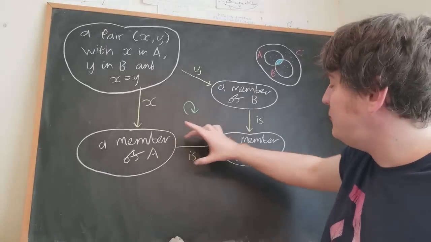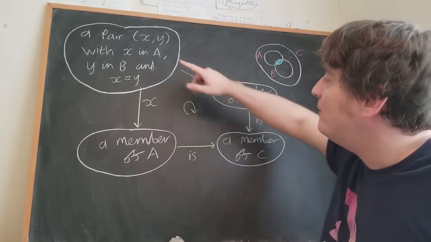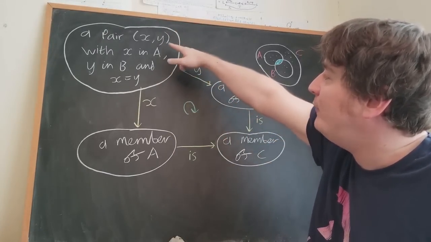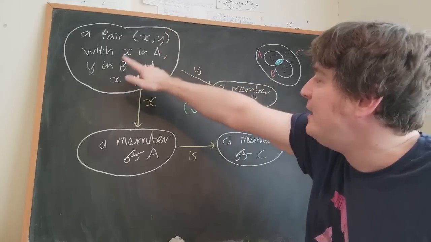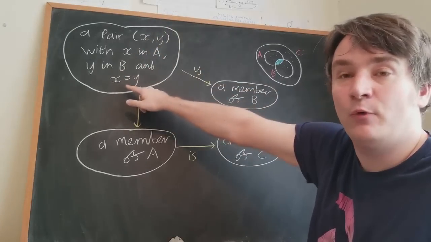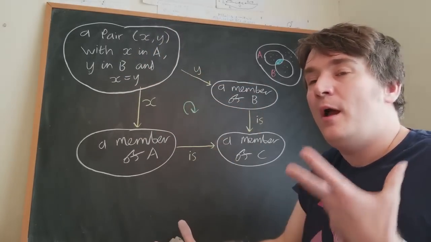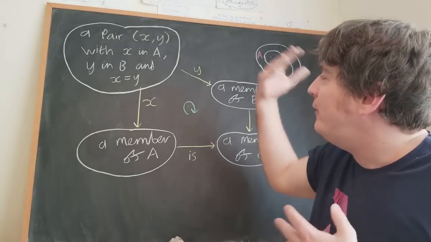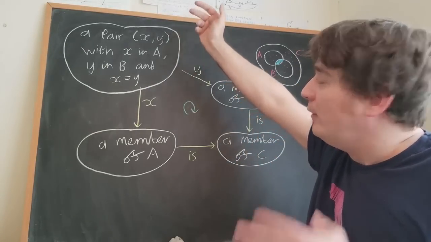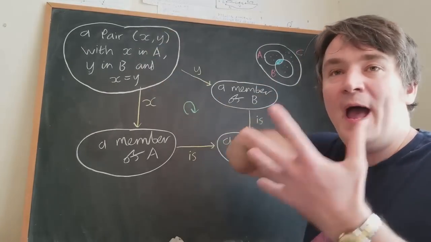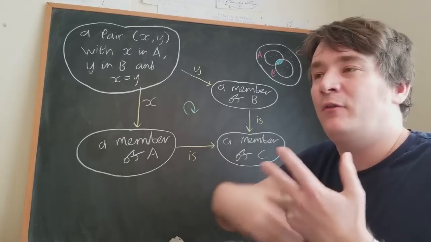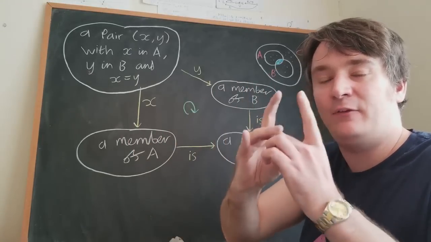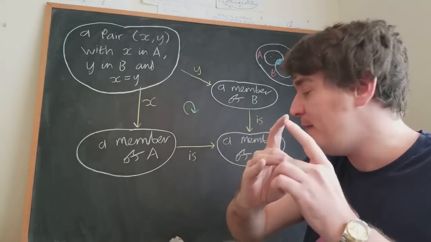But remember, these functions here don't change anything. So this is really the set of pairs x comma y, with x in A, y in B, and x equals y. So it's really the set of all pairs x, where x simultaneously belongs to A and belongs to B.